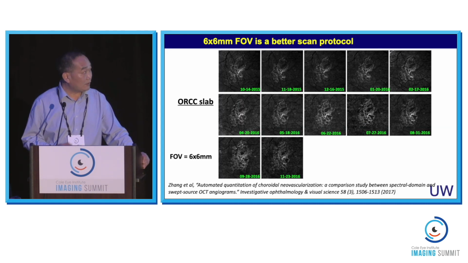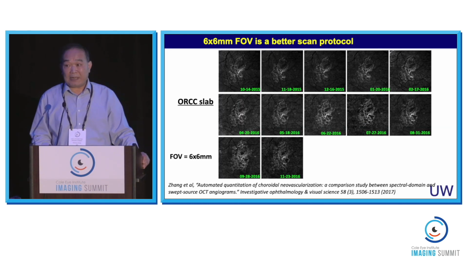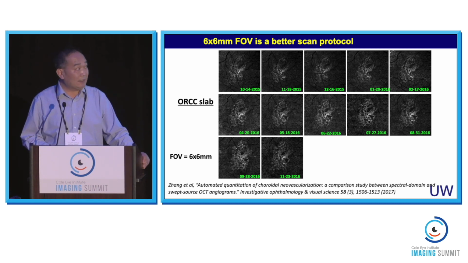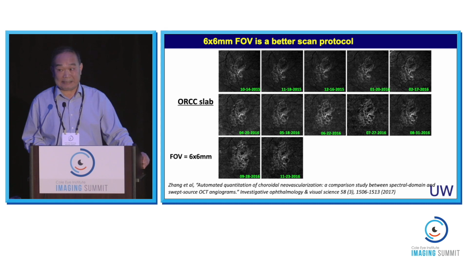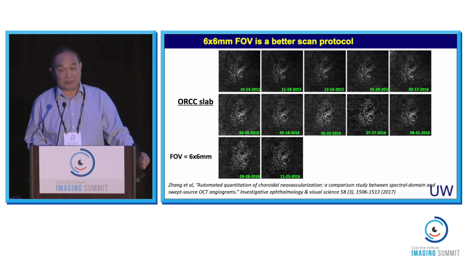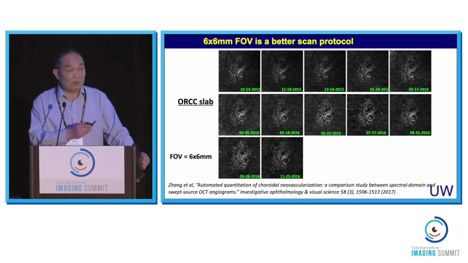The better scan pattern to scan CMV is really 6x6. And this is the 6x6 scan of the same patient over a time course of about 1 year. So you can see the swept source OCT visualize the evolution of this lesion.